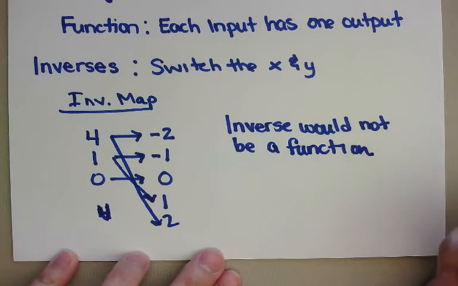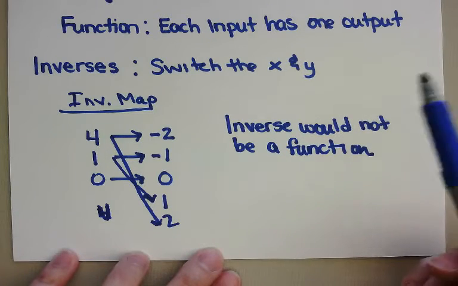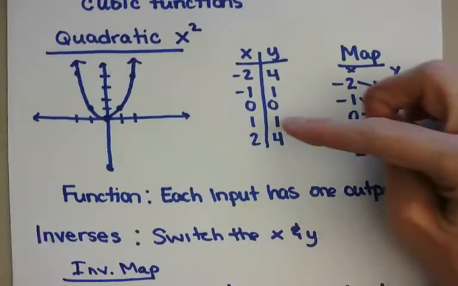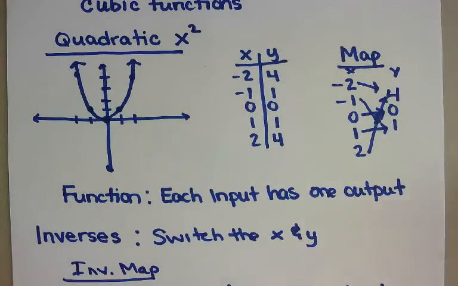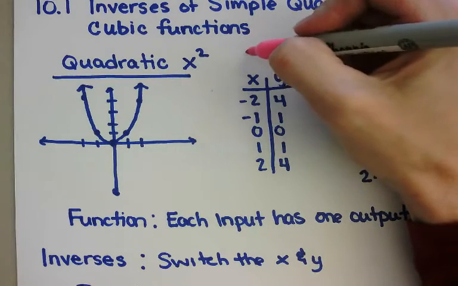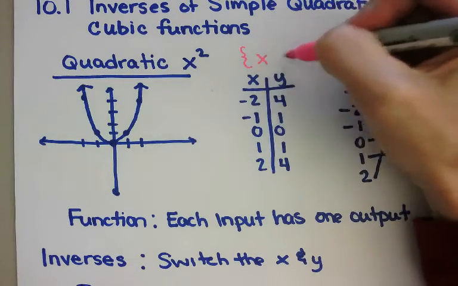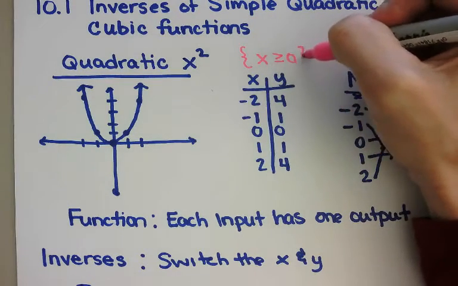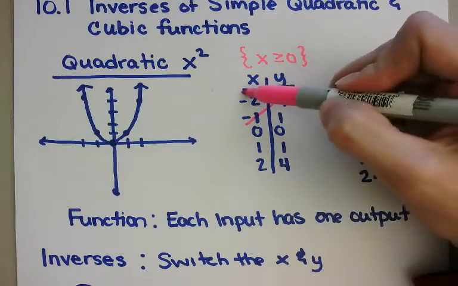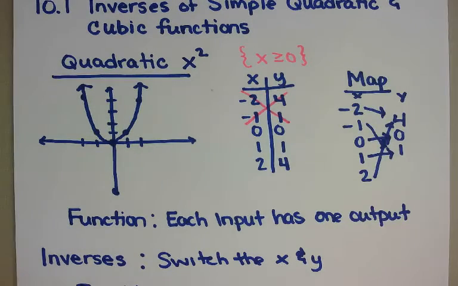So what's going to happen is that they're going to restrict the domain. So for example, in this homework assignment, they're going to say, we're going to look at a quadratic only if the x's are greater than or equal to 0. And by doing so, that eliminates those ordered pairs.